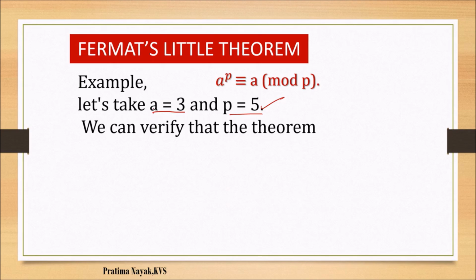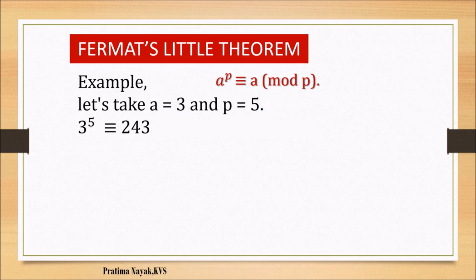Let us verify this theorem. 3 raised to the power 5, we know that it is 243, and according to this little theorem, 3 raised to the power 5 must be equal to 3 modulo 5.